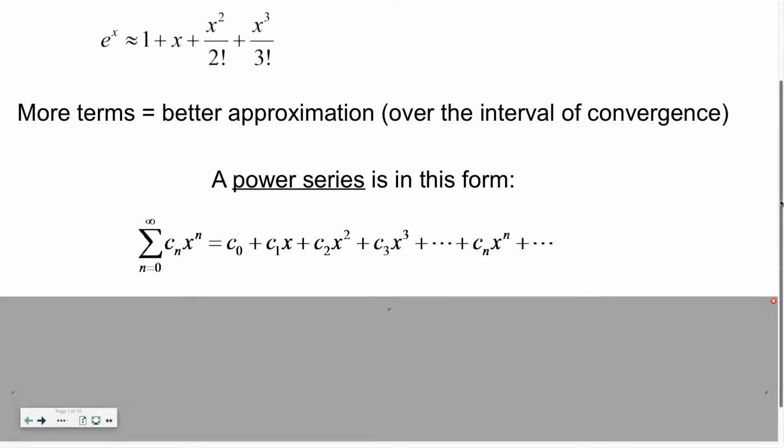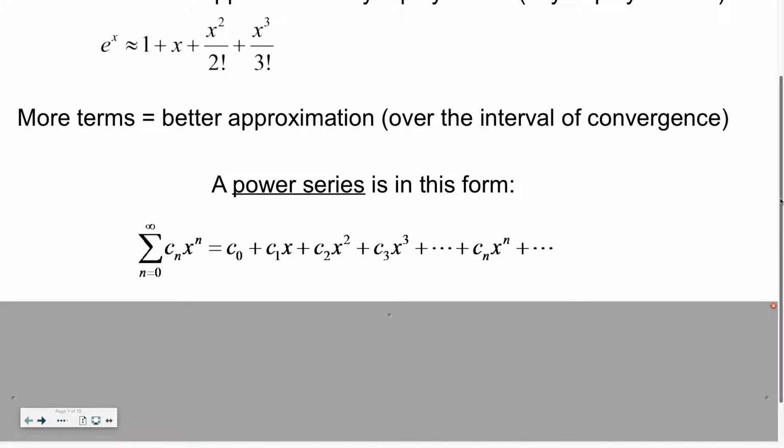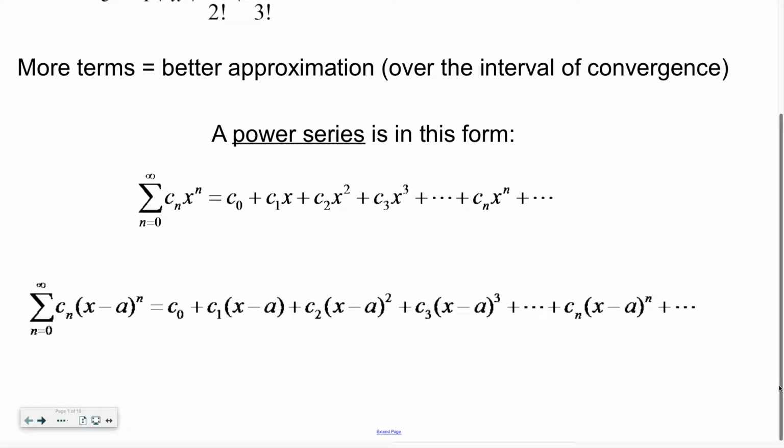So it's like taking this polynomial but making it of infinite degree, okay? Instead of writing all of that, we're going to write it as this series, okay? And we can also do that centered at something that's not 0.